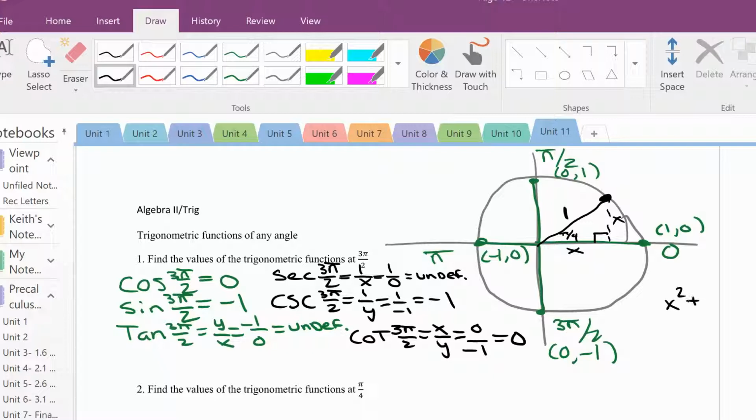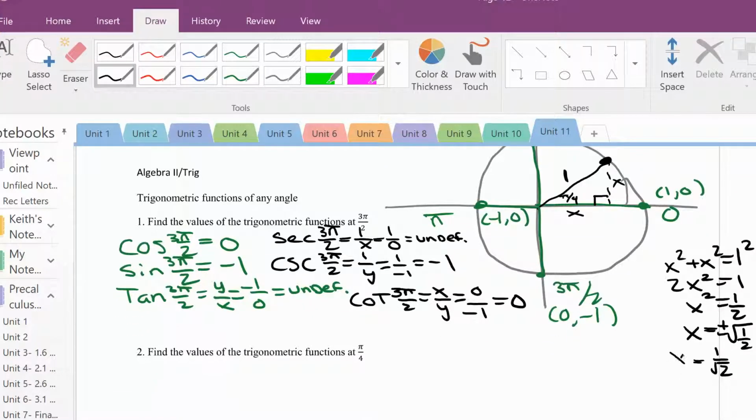So if you have x squared plus x squared equals 1 squared, 2x squared equals 1, x squared equals 1/2, and x equals plus or minus the square root of 1/2, and that is equal to 1 over rad 2. When you rationalize it, it gives you rad 2 over 2, which means your x and y coordinates are both rad 2 over 2, which means the cosine of pi over 4 is rad 2 over 2.